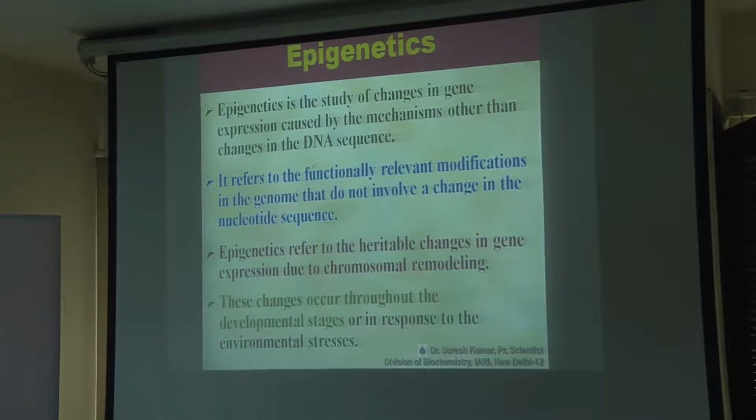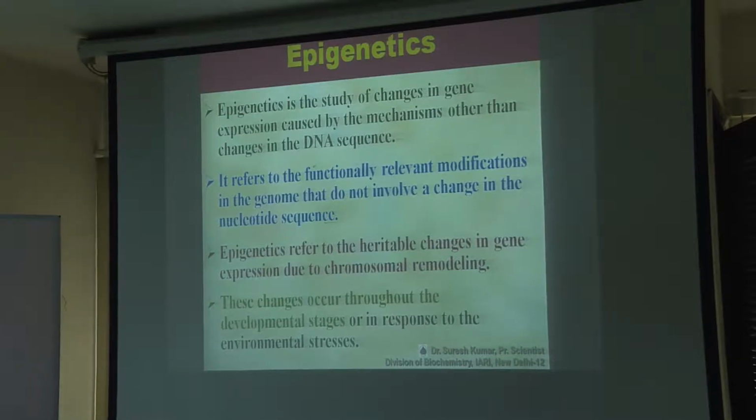And environmental stresses may be of any kind, maybe heat stress, drought stress, starvation of a particular nutrient, or maybe you are shifting from one type of food to another.